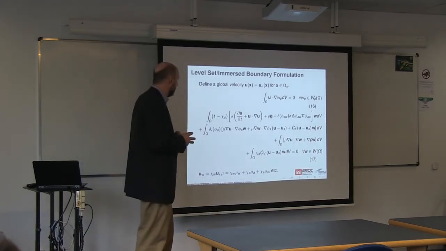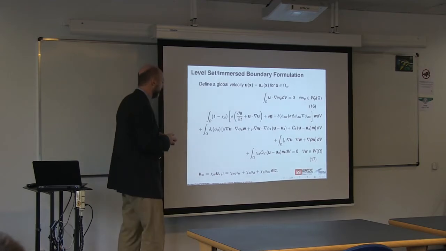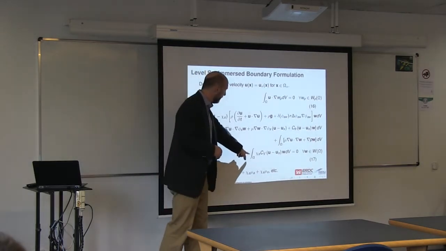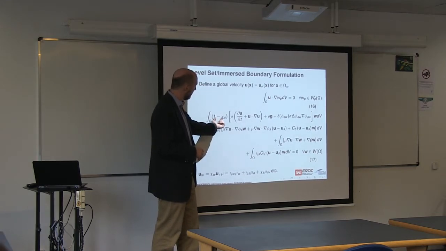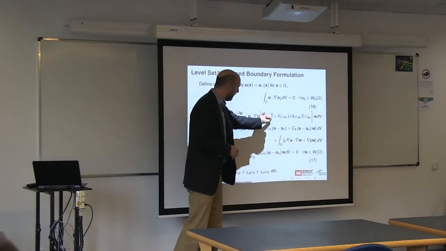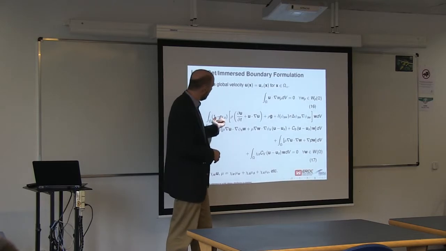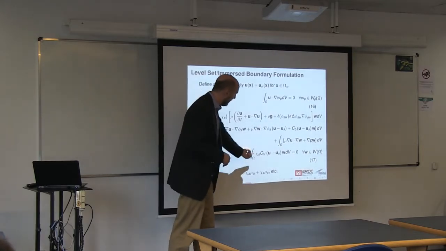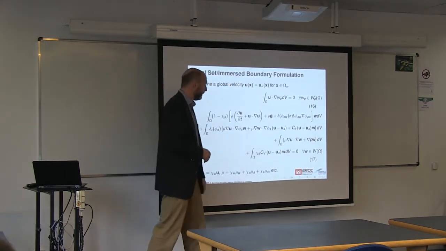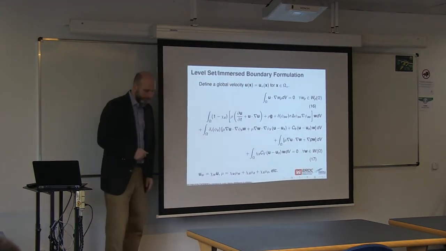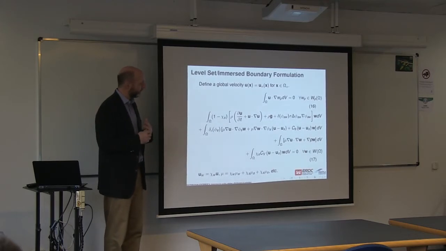So the other thing that is interesting about this formulation is that we also enforce inside the solid phase. So I mentioned earlier that we can evaluate this characteristic function, which would be 1 in the solid phase and 0 in the fluid phase. If it's 0, I'm in the fluid phase, I have the usual terms in the Navier-Stokes equations. If it's 1, I'm in the solid phase, those terms are gone, and I have just this penalty term within the solid phase. So within the solid phase, there's a penalty which is similar to many other types of models for multi-phase flows like this.